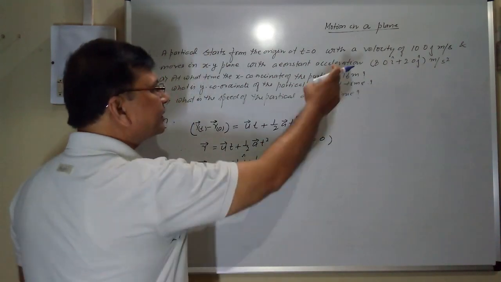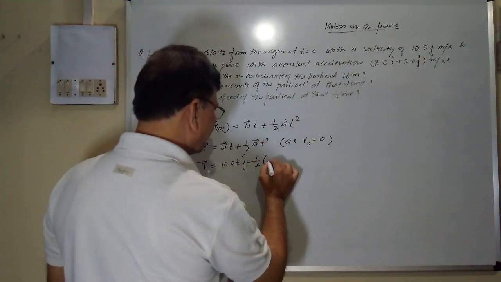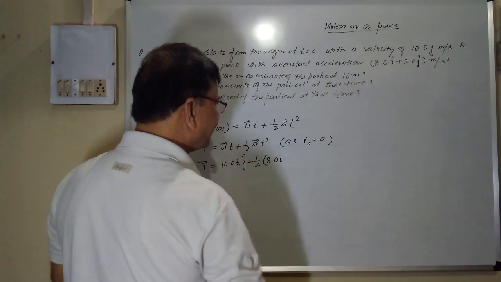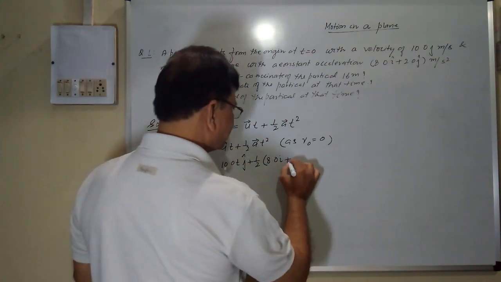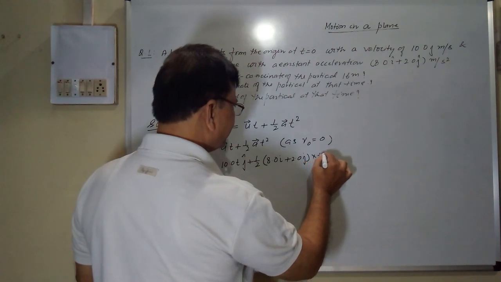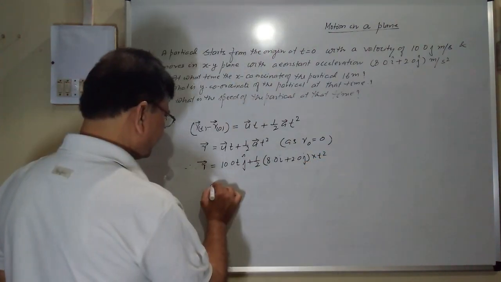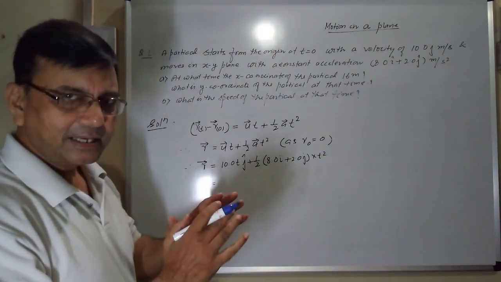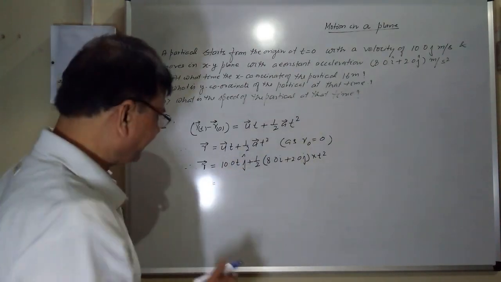A is 8.0 i plus 2.0 j, right, into t square. All i's and all j's will be kept together.